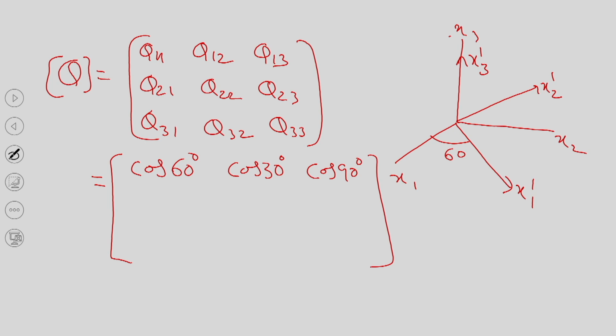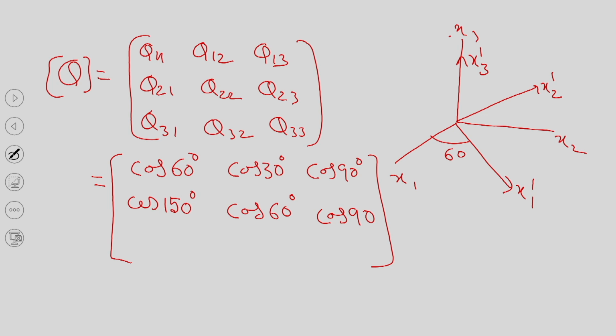Then x2 dash is making with x1, which is coming 150 degrees. Then x2 dash is making with x2 cos 60 degrees and cos 90 degrees.